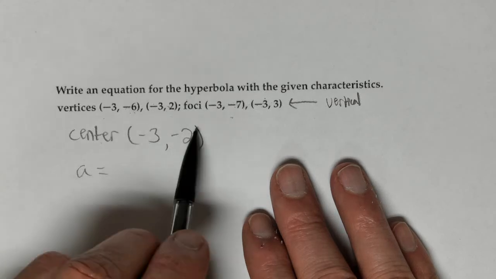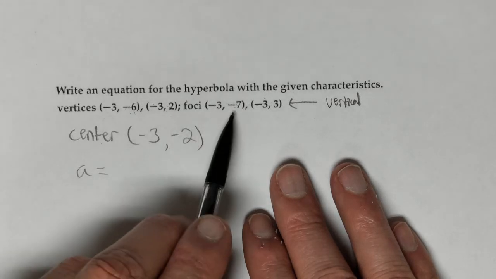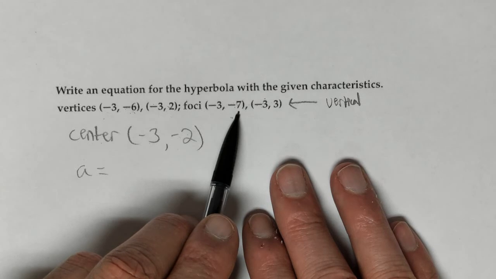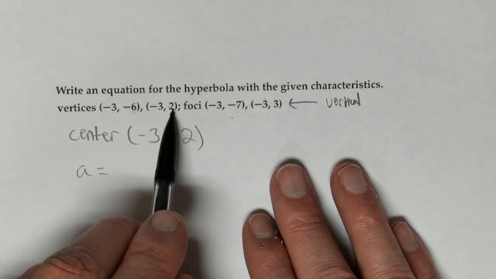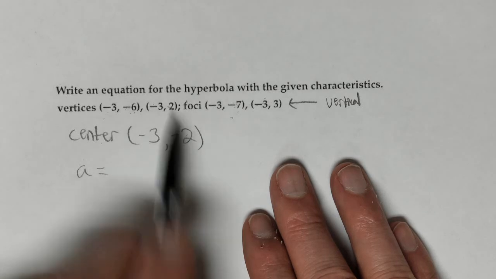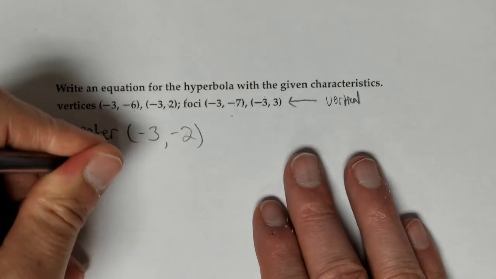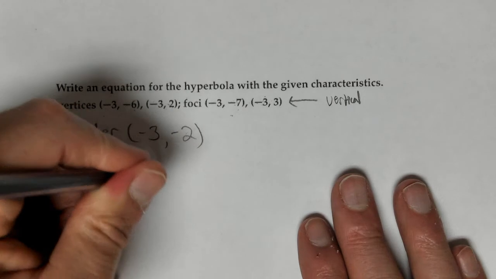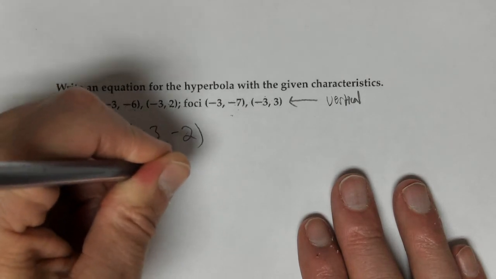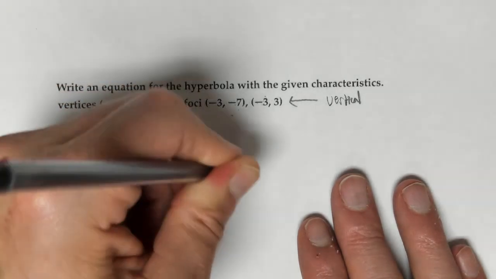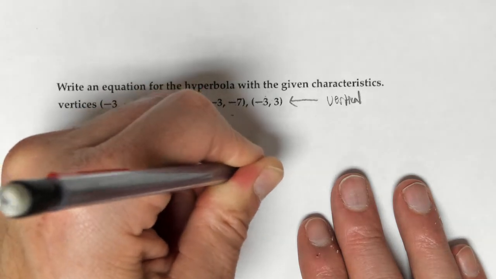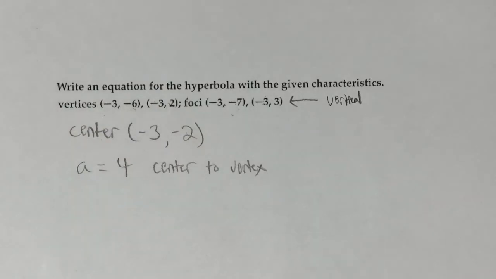It's a difference of 4. And from -2 to +2, either way you go with the vertices, it's still 4. And remember, the a is from center to vertex.